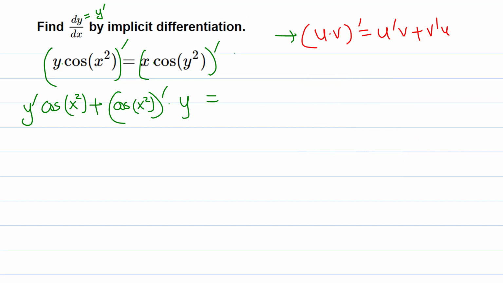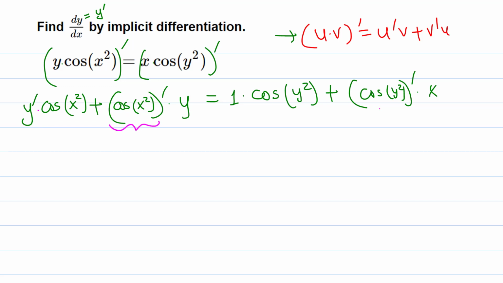So I have the derivative of x, 1, times cosine y squared, plus the derivative of cosine y squared times x. So y prime we just keep here. We need to find the derivative here and here.